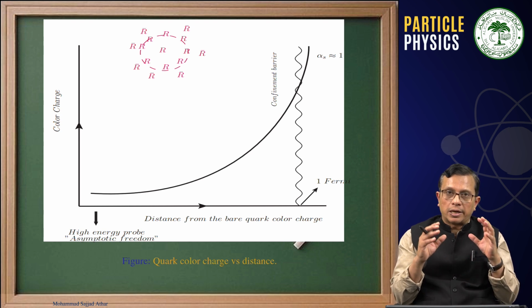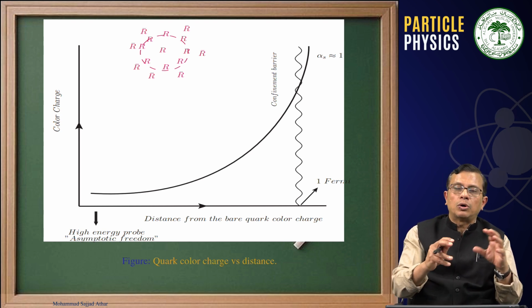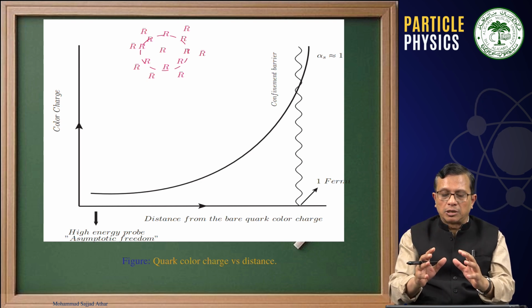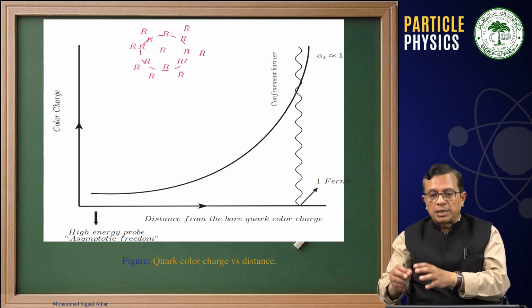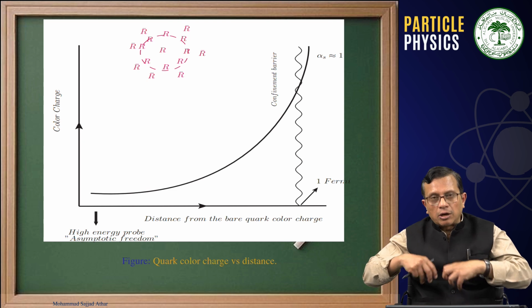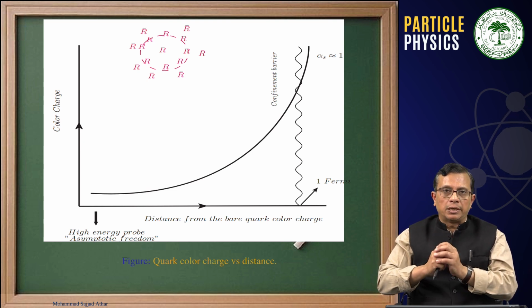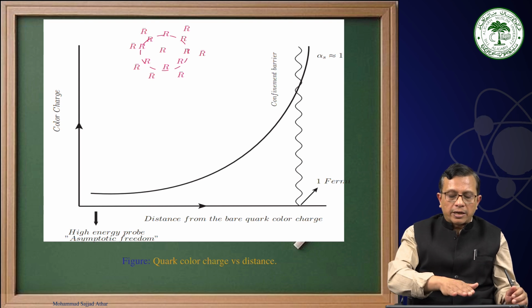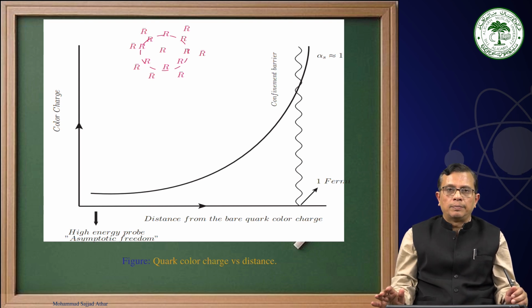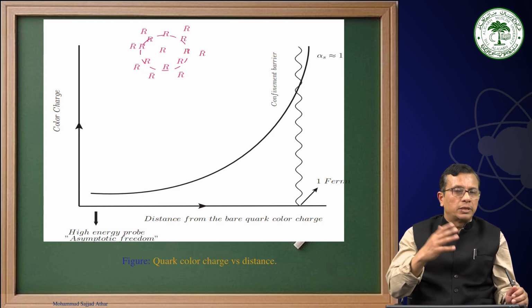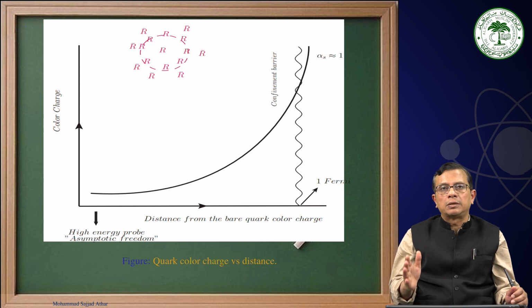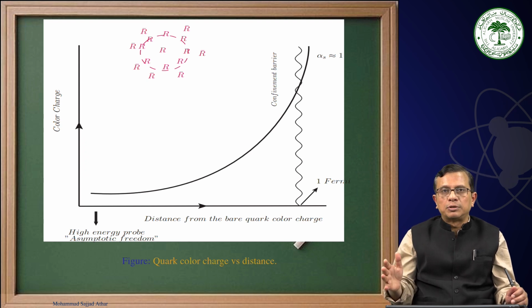A red quark is surrounded by red quarks because of the self-couplings of the gluons, and if you are at a further distance, you find a greater strength of the charge than when you penetrate this cloud and come closer to the red quark, for example, or this will happen with a green quark or any other quark. This is what we call asymptotic freedom.